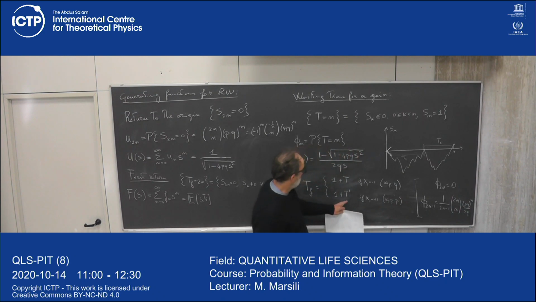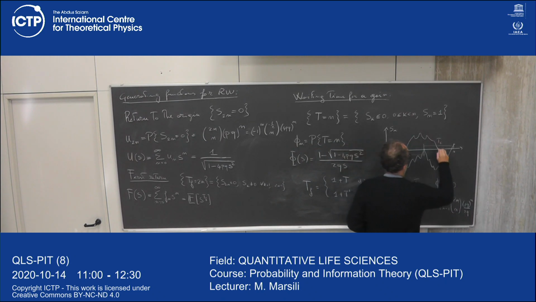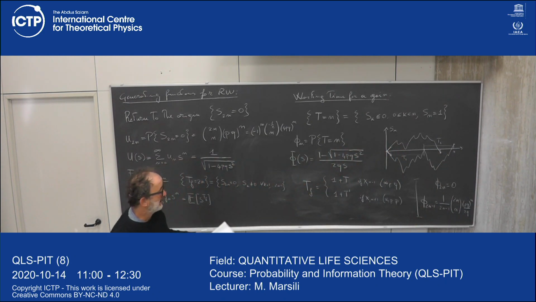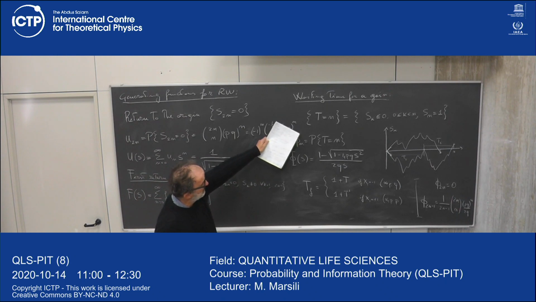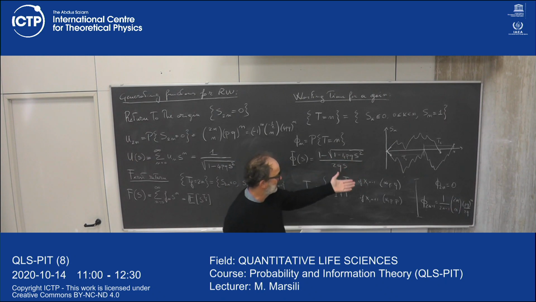So what is the distribution of the waiting time for the first loss? In this case, we are looking at the distribution for the first time you hit -1. It's exactly the same problem as this, with the only difference that you have to interchange p and q. Because if you do the calculation, it's exactly the same calculation as before, but you have to interchange p and q.